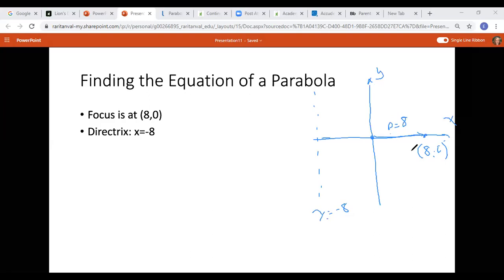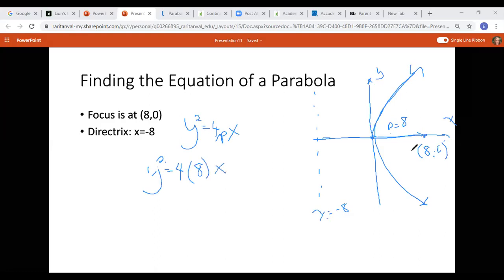And because we're opening to the right, we're going to have something that looks like y squared is equal to 4px. So we know what p is, so we can plug it into this standard format. y squared is equal to 4 times 8 times x. So y squared is going to equal 32x.